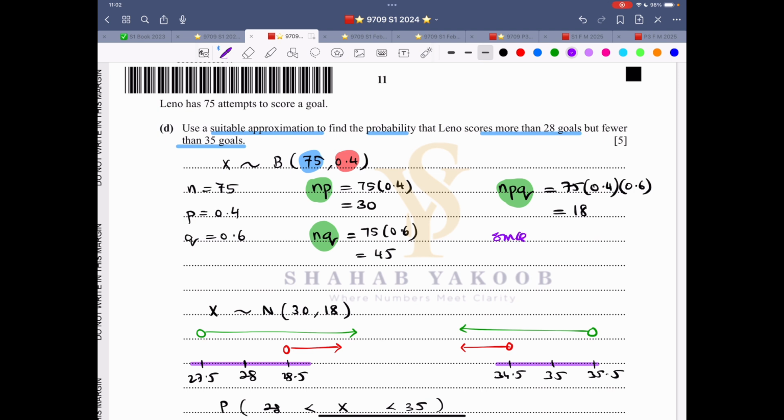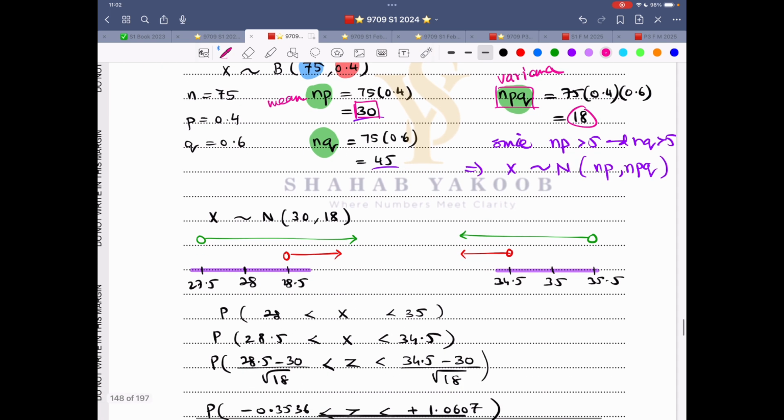So we would write, since NP is greater than 5 and NQ is greater than 5, therefore X follows a normal distribution NP comma NPQ. Now what is NP? That is 30. What is NPQ? That is 18. NP stands for mean. NPQ stands for variance. So therefore we write 30 over here, we write 18 over here.